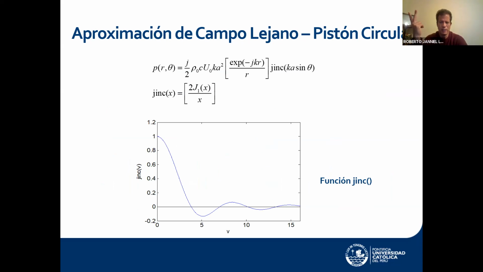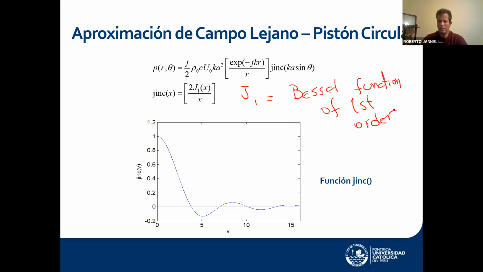I think it is the one that coincided with a holiday. The definition of the jinc function is in here, with J1 being a Bessel function of the first order.